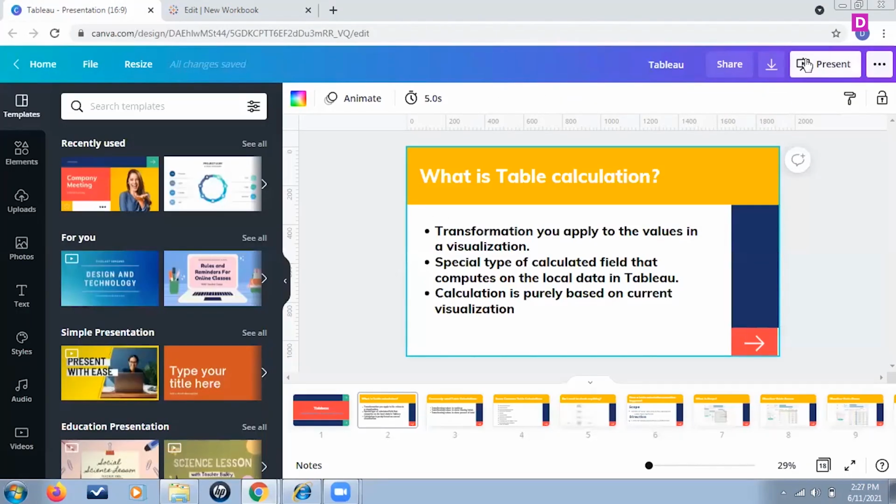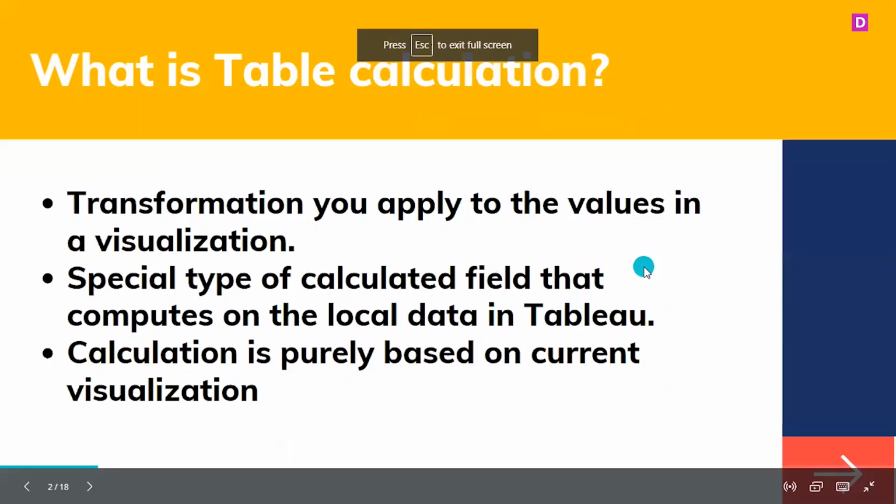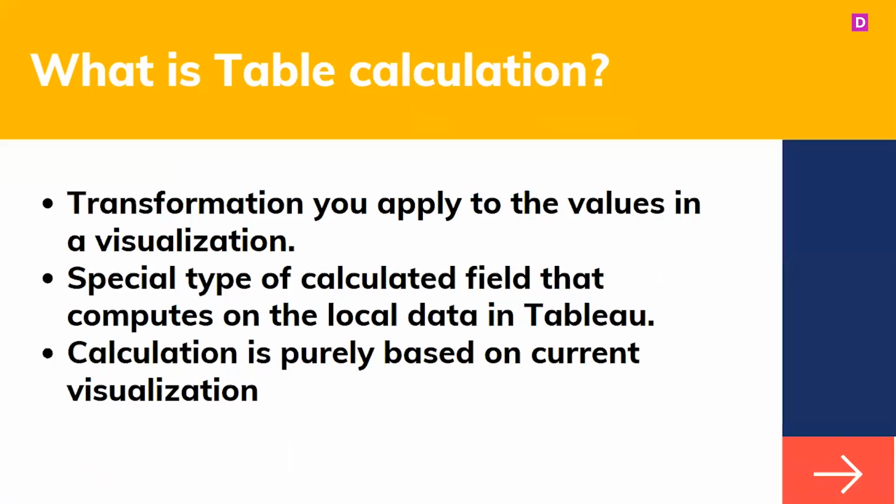Now let's get into the slides and try to understand the various concepts associated with table calculations. In your pane, in your visualization, you have some values, and on those values you want to perform some kind of transformation. It may be finding the percentage of the sales value, or finding the difference from the previous sales to the current sales.